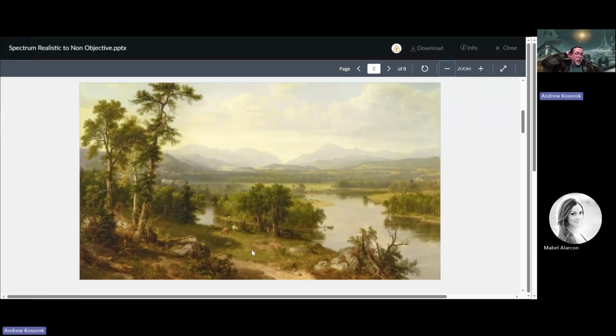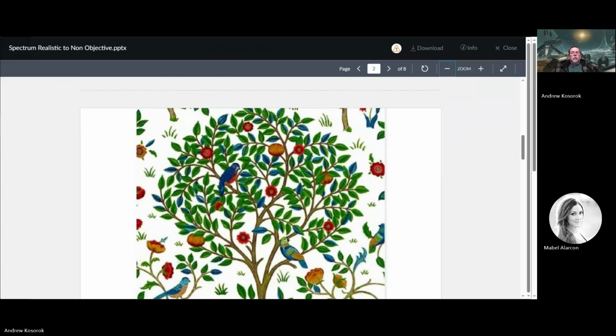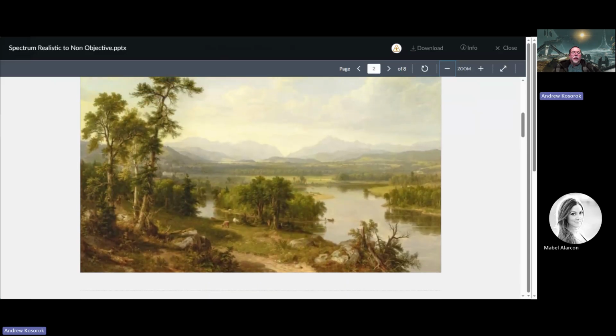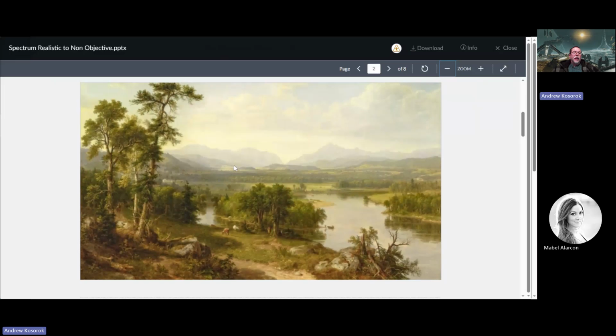This is something that is romanticized, but it references something that we can go to the Uintas and see, some trees very similar to this. We can go up on a ridge and see some landscape that is very similar to this. This is recognizable. But as we start moving towards abstract, what we do is start moving away from the things that share a visual language with what other people expect.